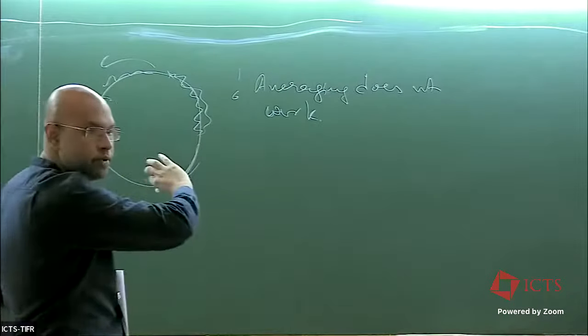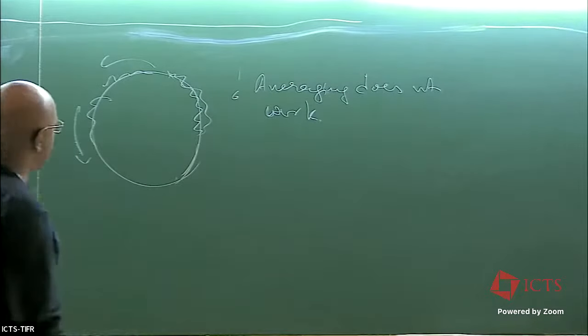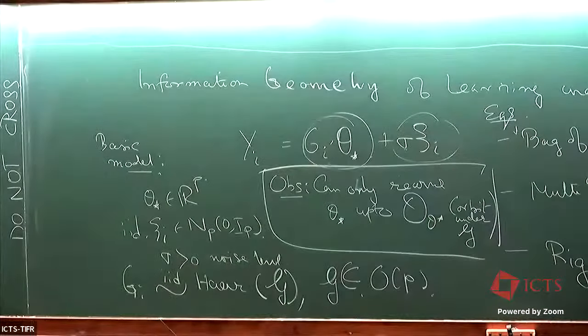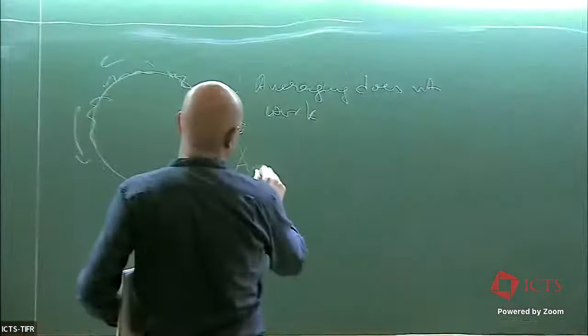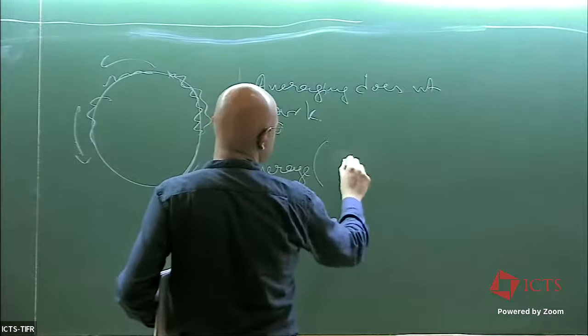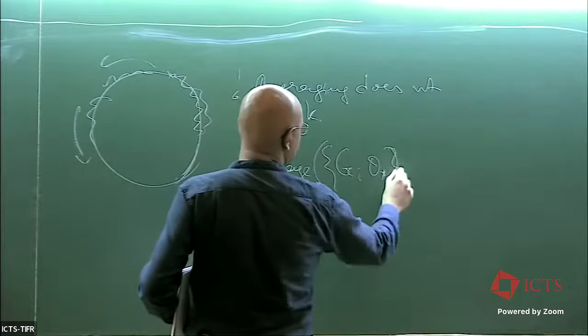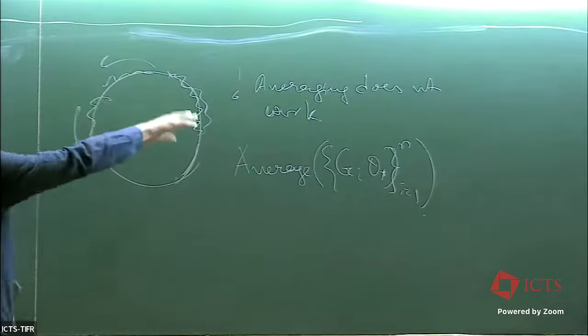If you take many observations like that and average them, the noise will be killed off by central limit theorem effects, but you will get an average of g_i theta star, i equal to 1 to n, and this will just appear as a constant blur.